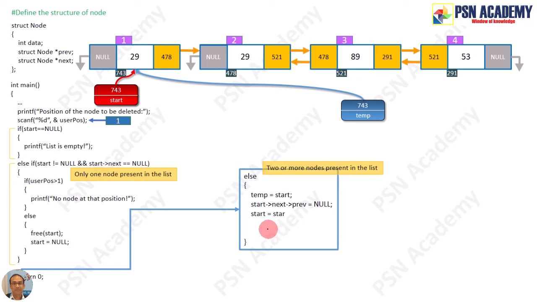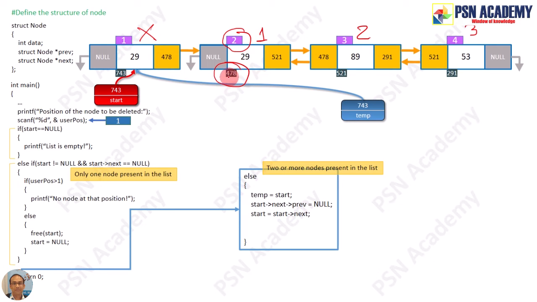Next, we write start equal to start next. Why? Because this will be the first node now, and this will be the second node, and obviously this will be the third node, and this node will be deleted. So start must point to the node at 478, right?